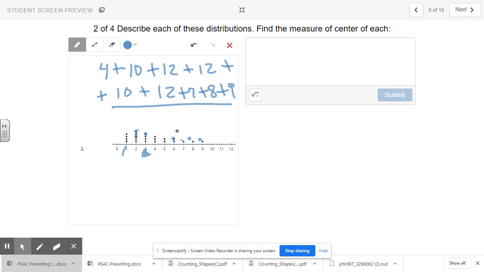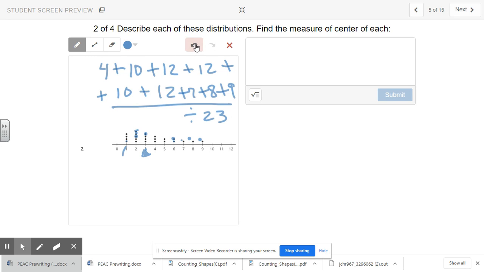That wasn't the best way to show you that, but add all those up and divide by the number of dots, which in this case is 23, I think, if my eyes are right. I'm doing this fast, but that's how you would find the mean.